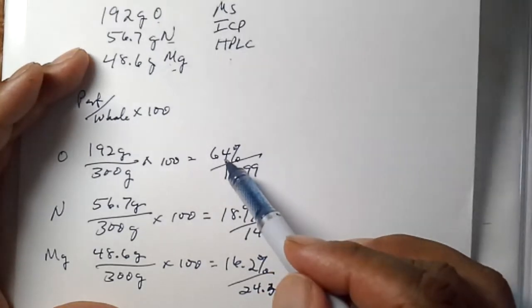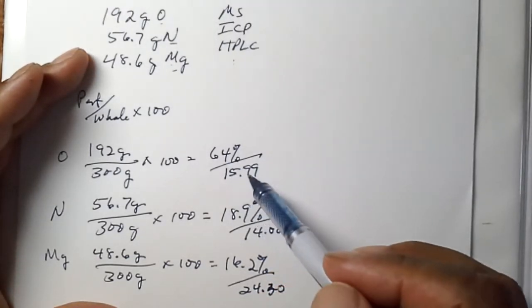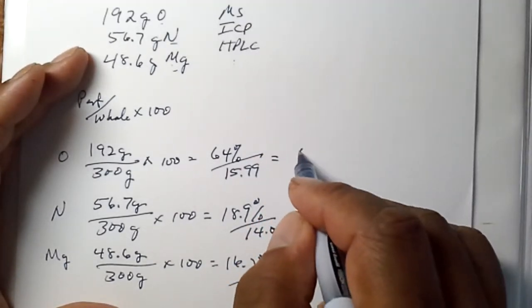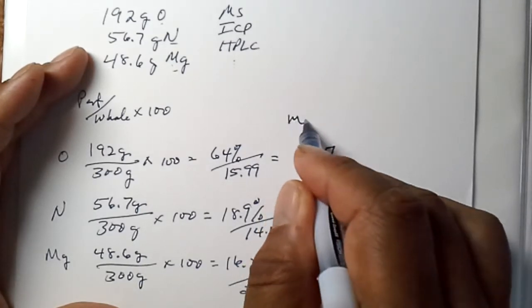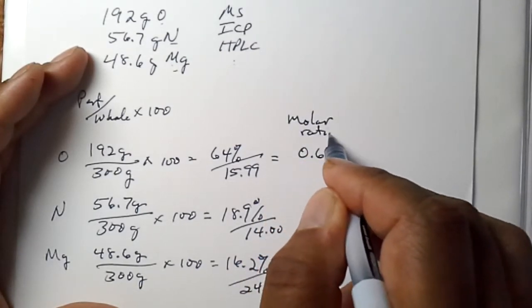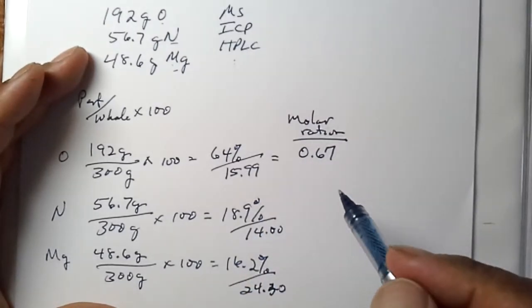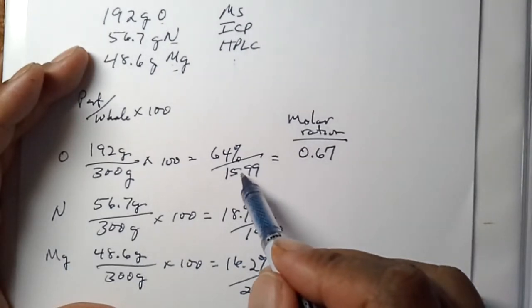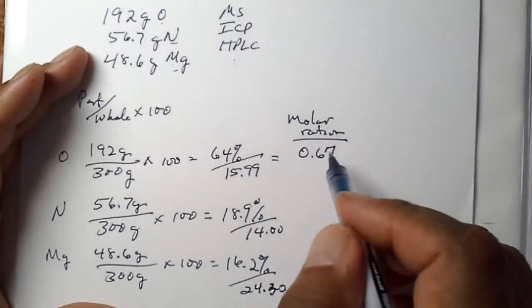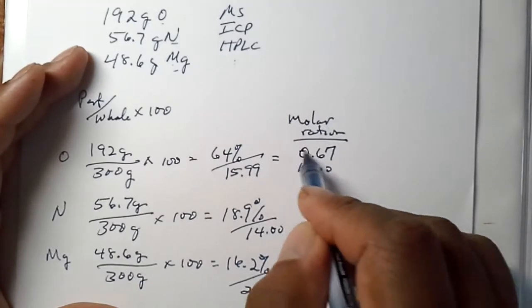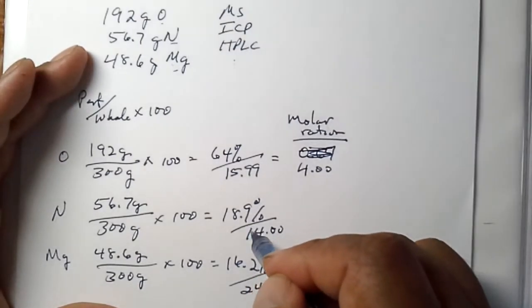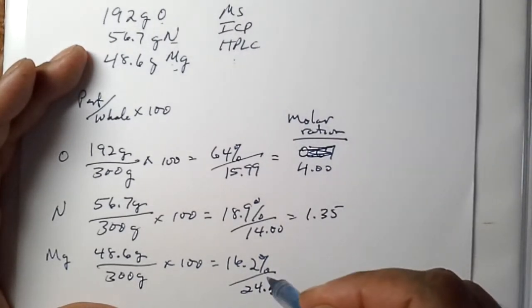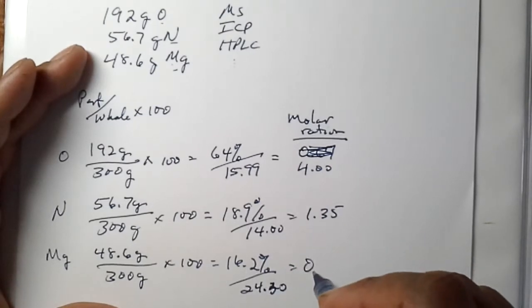Alright, so if we divided our gram molecular weight into the percentage, then we would get close to what would be considered our molar ratio. If we divide 64 by 15, sorry, 16, you'll get 4.0. 18.9 by 14, you'll get 1.35, and 16.2 by 24 will give you 0.67.